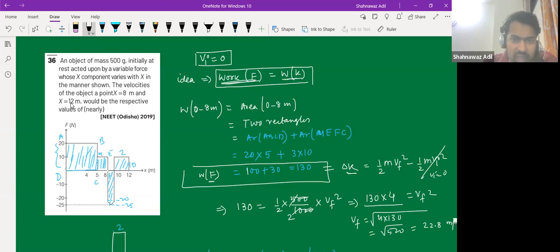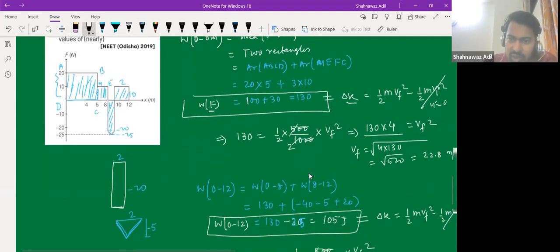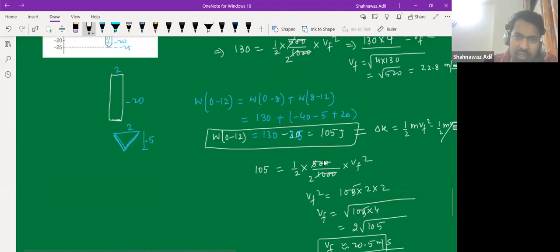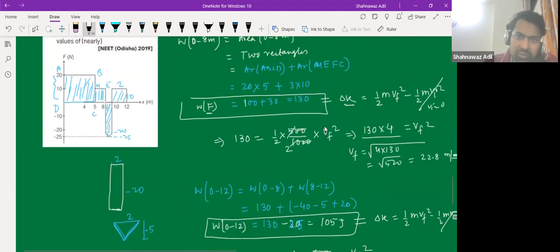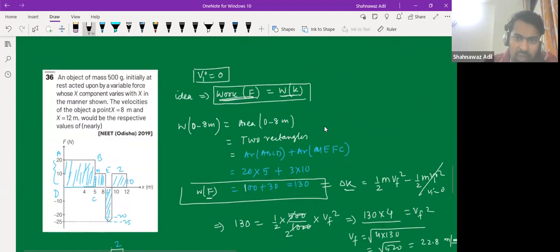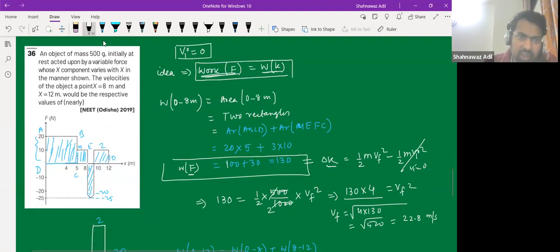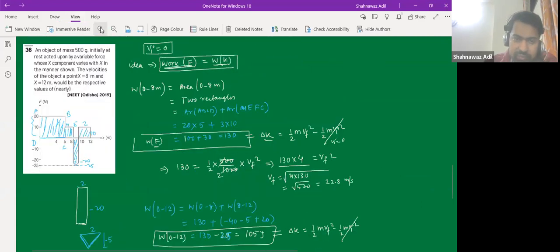We are applying the definition of work done from force, and then we are applying the work done from change in kinetic energy. So these are two things we are applying. Is this clear, everyone? Okay, you guys, please note it down, and then we'll talk about the other question.